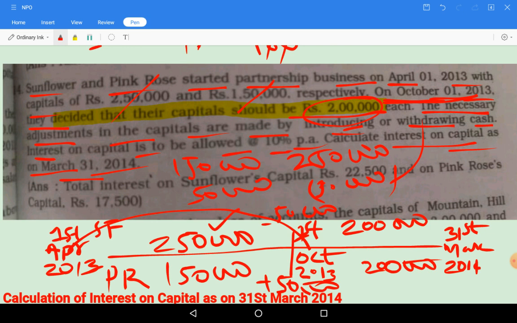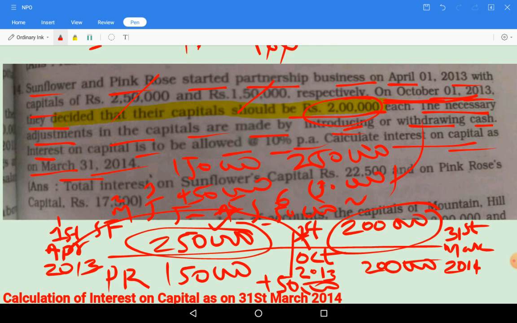What is number of months? How many number of months from April to April, May, June, July, August, September. So April 1, 2, 3, 4, 5, 6. For 6 months period we need to calculate on 2,50,000. Remaining 6 months from October to March.